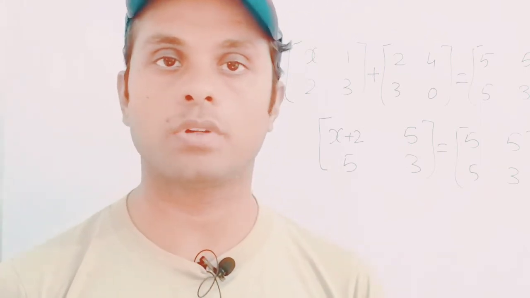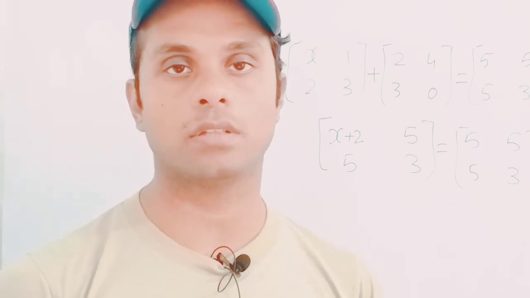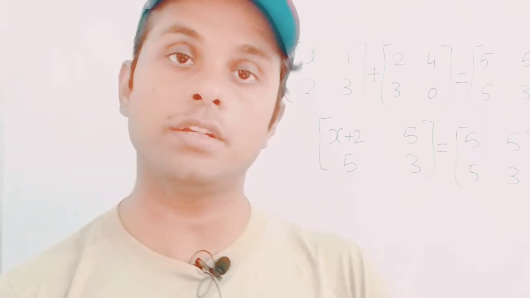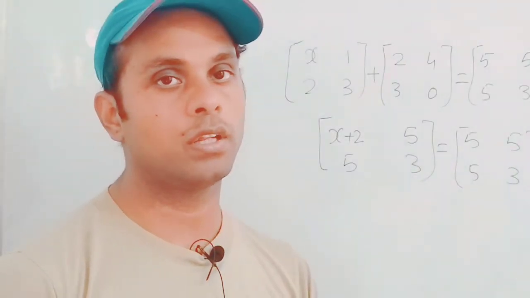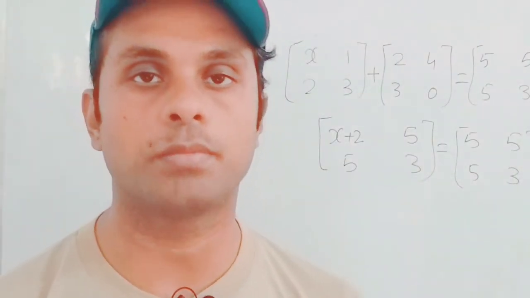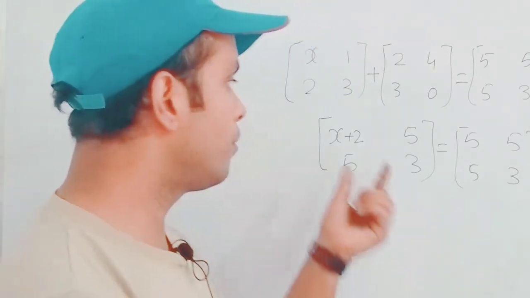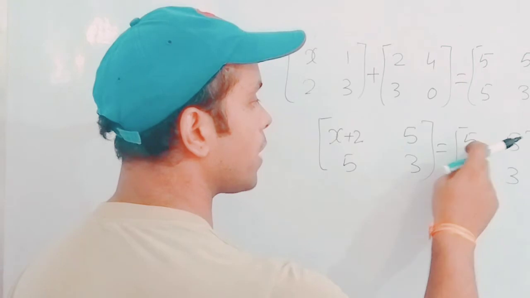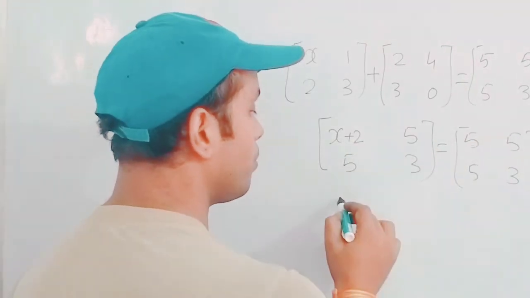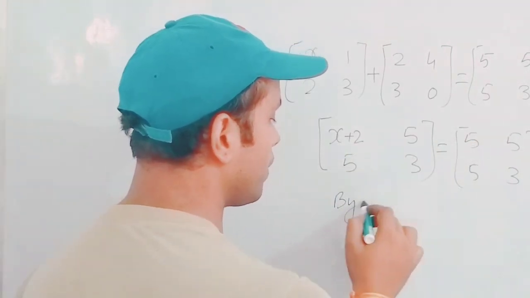Two matrices are equal if their corresponding elements are equal. So we can use that concept here now. Now these two matrices are equal, so their corresponding elements must be equal. The very first element is x plus 2 and here the first element is 5. So we can equate them by equality of matrices.